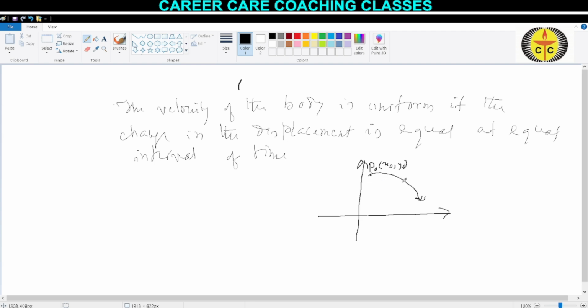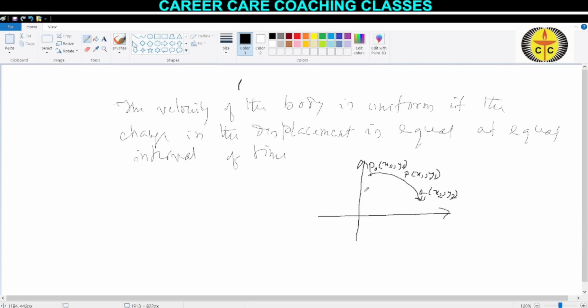Another position here at P. Suppose say this is x1, y1. Another position at Q, where the coordinate of the point is x2, y2.